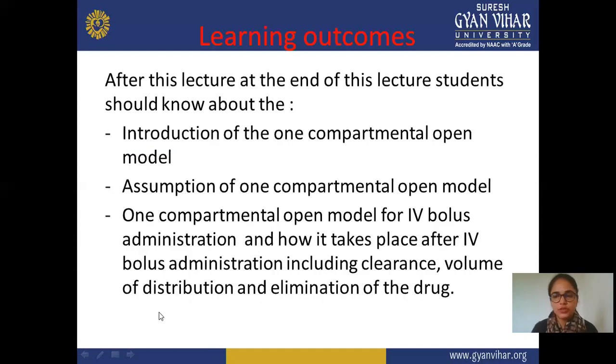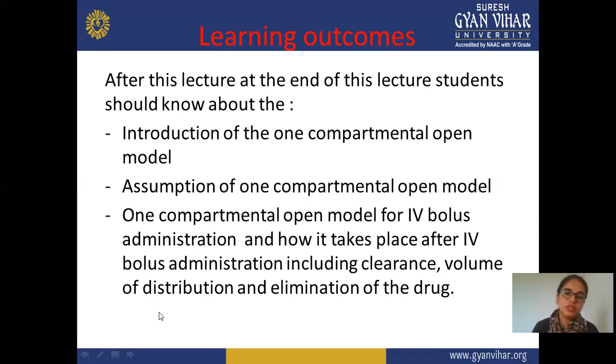After completing this lecture, on the one compartmental open model, these are the learning outcomes. In the introduction to the one compartmental open model, you should know what a one compartmental model is and how it takes place, and the different assumptions we already covered, including which assumption shows the problem when we use the IV bolus compartmental model.